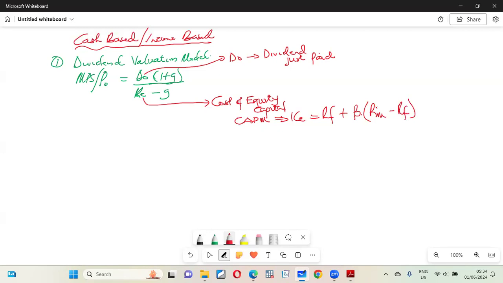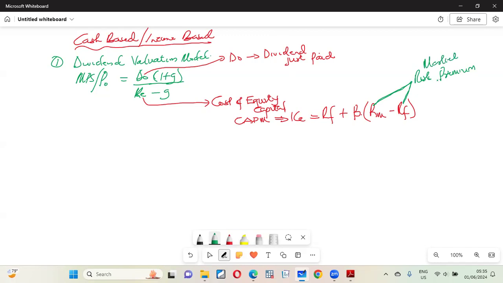So this is the formula. But the caution I need to give you is that this RM minus RF is also called the risk premium, or market risk premium.